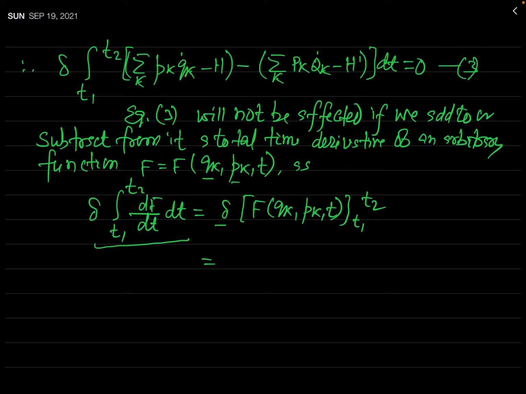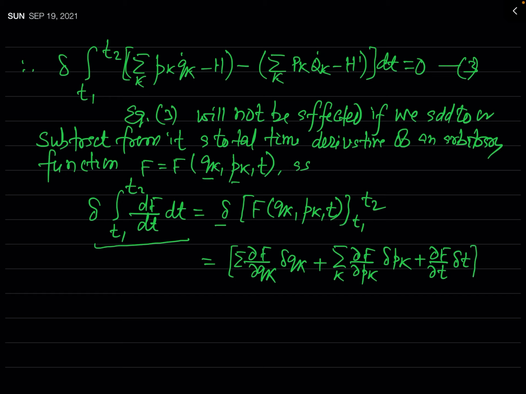So this will be summation over k del f by del qk delta qk, plus summation over k del f by del pk delta pk, and plus del f by del t delta t, and the limits are t1 and t2.